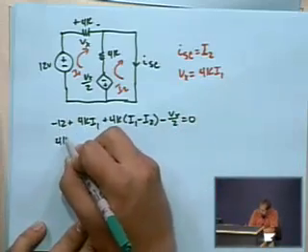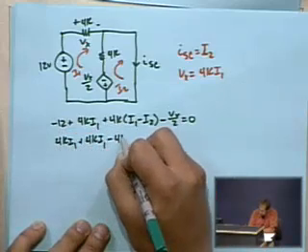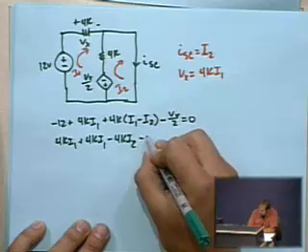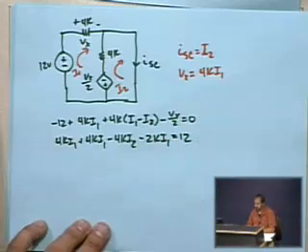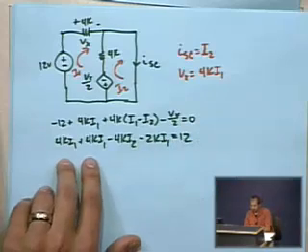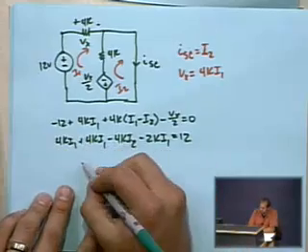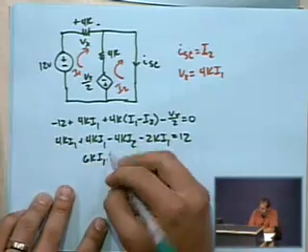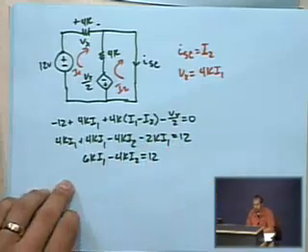So we have 4K I1 plus 4K I1 minus 4K I2 minus 2K I1 equals 12. So that's 6K I1 minus 4K I2 equals 12.